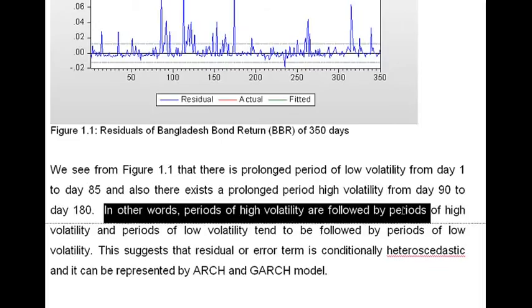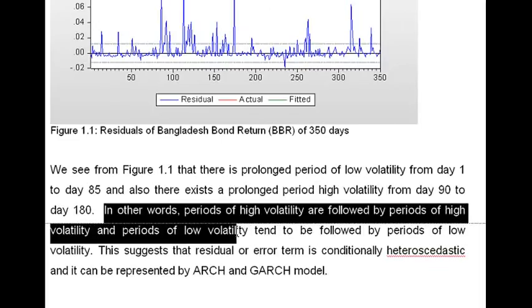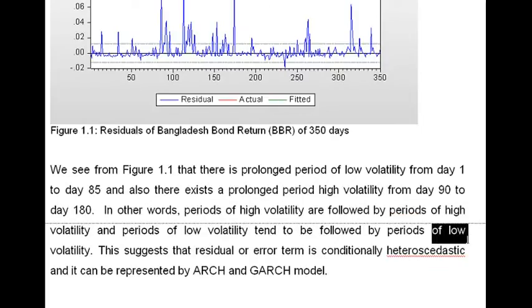I'm saying again, in other words, periods of high volatility are followed by periods of high volatility, and periods of low volatility tend to be followed by periods of low volatility.